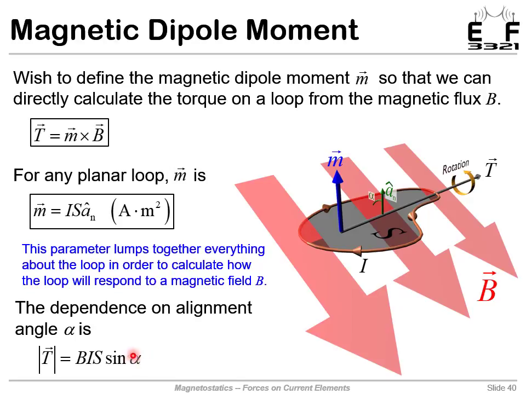When this is 0 degrees, in other words, the B field is punching straight through that loop, that's when we get 0 torque. So this equation is really nice to help us visualize how the torque depends on the orientation of the field, the current, the cross-sectional area, and the B field.